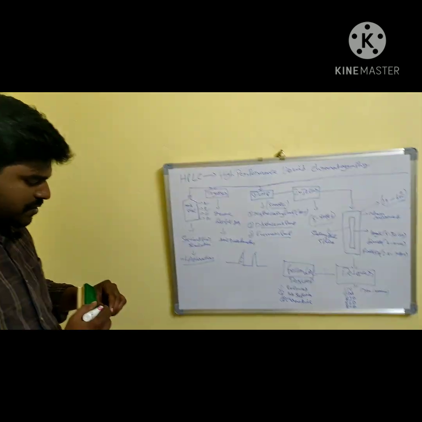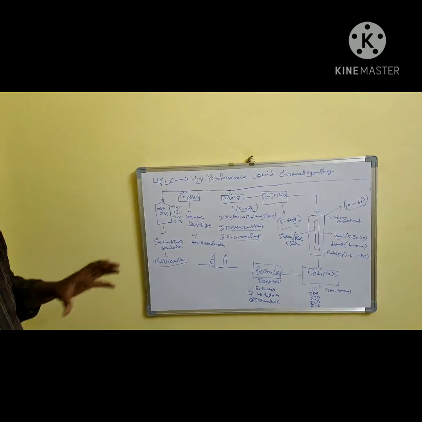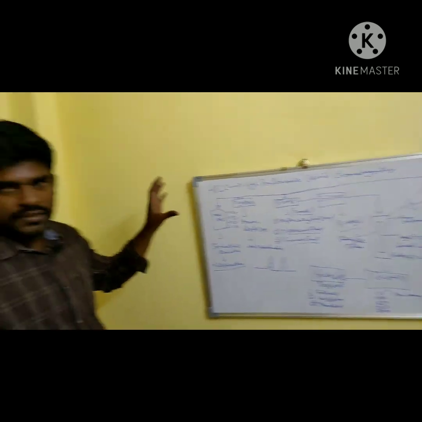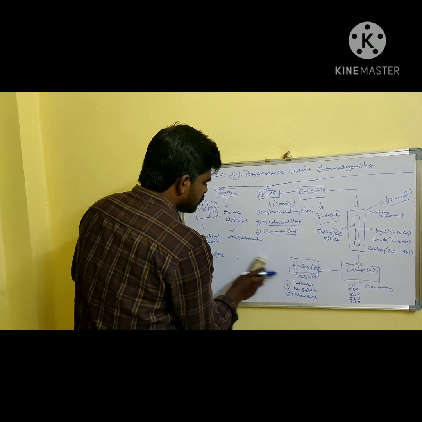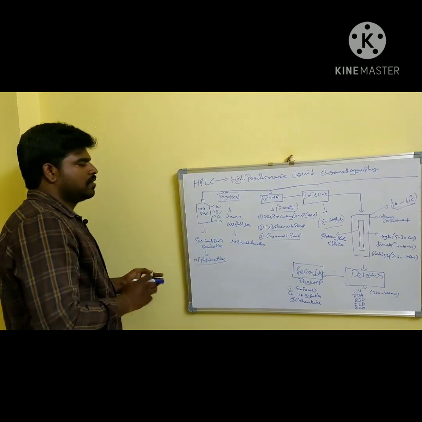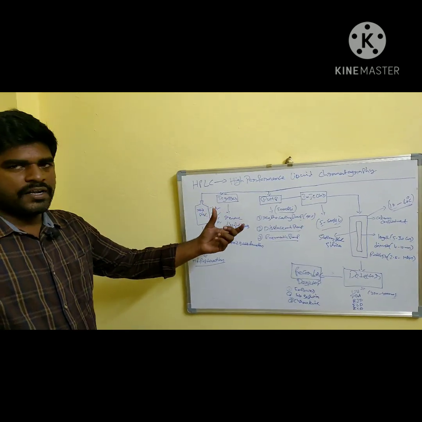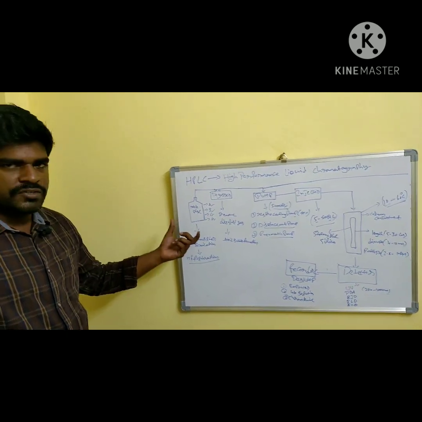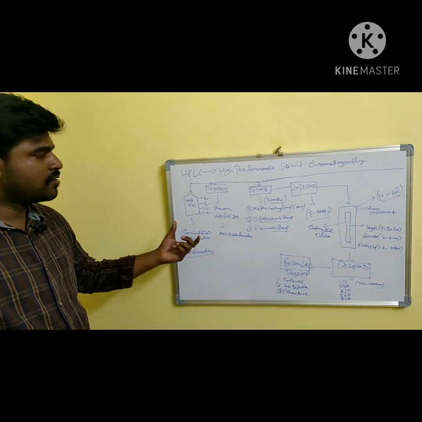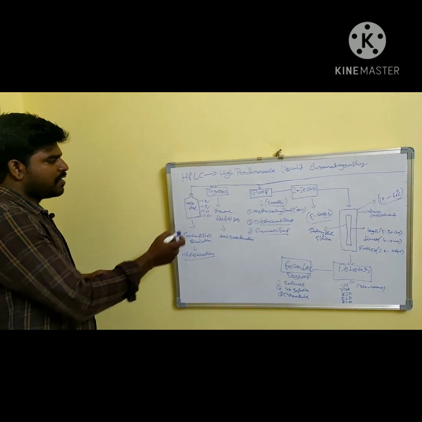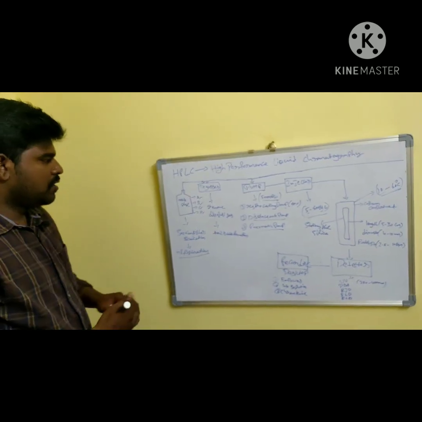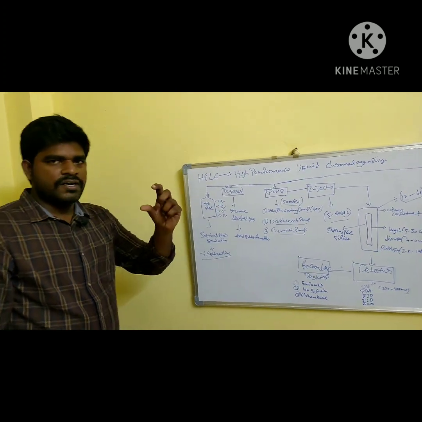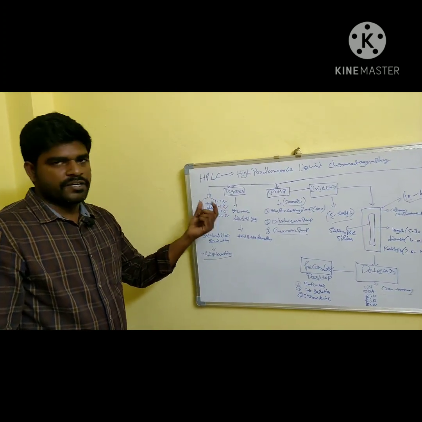Coming to the precautions: what kind of precautions we need to take while operating this HPLC? For each step I will tell the precautions, and why we need to take them. First, coming to the mobile phase. Whenever we prepare the mobile phase, we keep it in the respective ports, and there is a suction filter in each port.